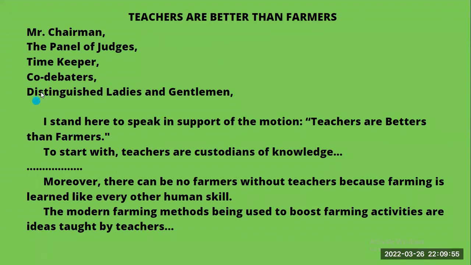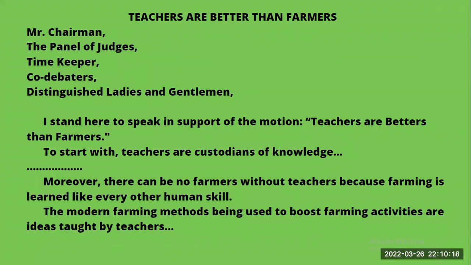Now, after your greetings comes the first paragraph, and you can start your argumentative essay by simply saying, I stand here to speak in support of the motion, teachers are better than farmers. And then you go ahead to present your thesis, all right?